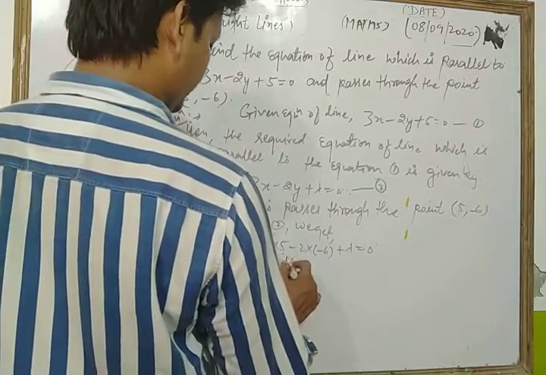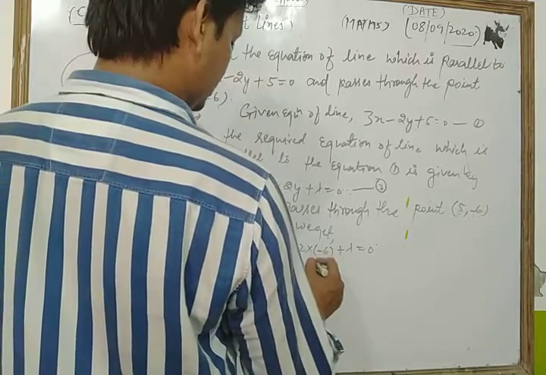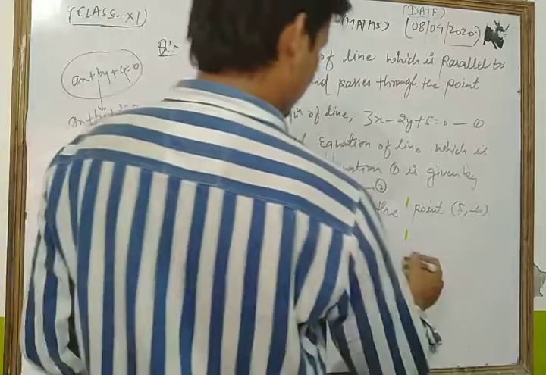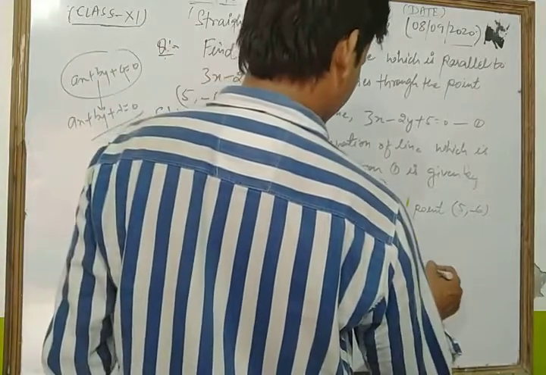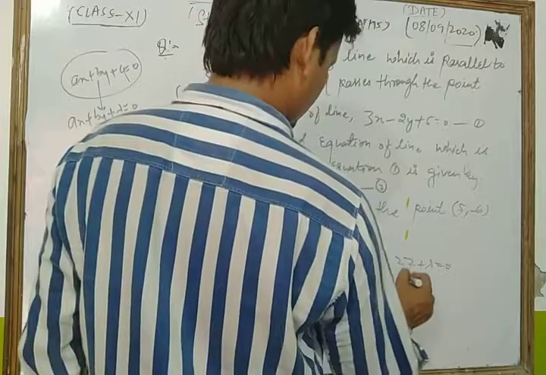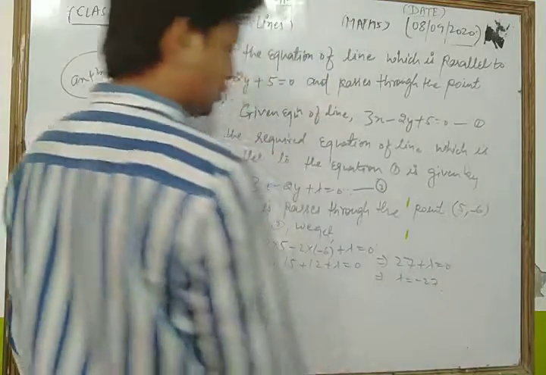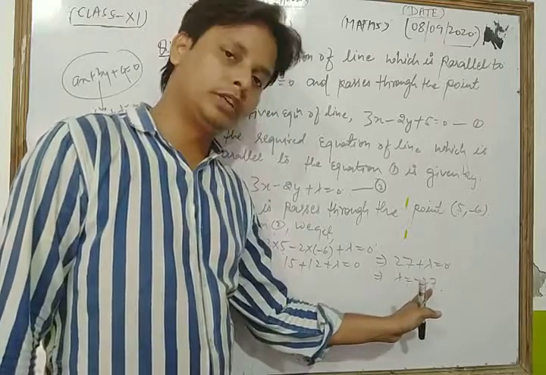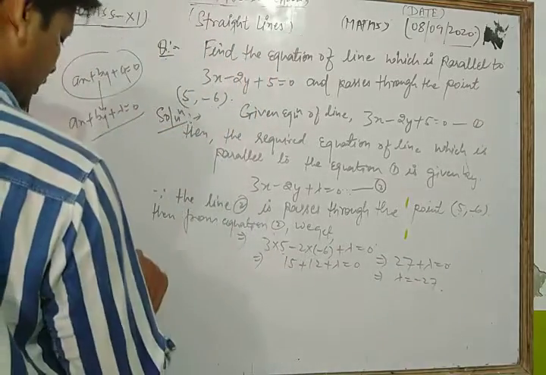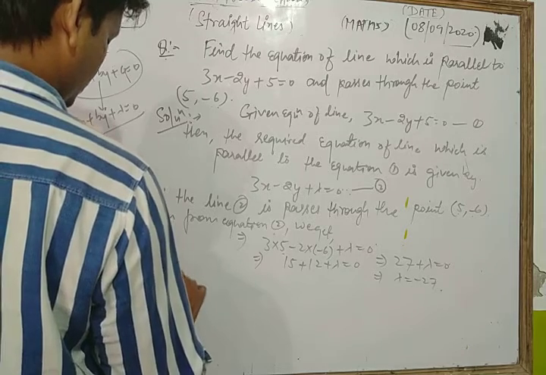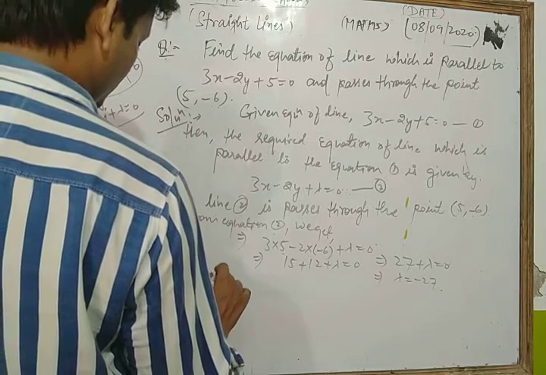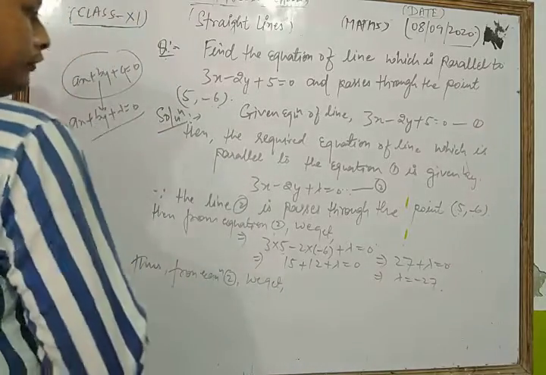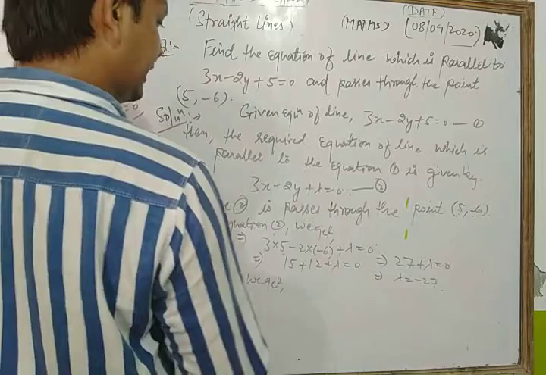So we get 3 times 5 is 15, plus 6 times 2 is 12, plus lambda is equal to 0. Now we get 27 plus lambda is equal to 0. So lambda is equal to minus 27. In this way, we find the value of lambda as minus 27. Now from equation 2, we put the value of lambda as minus 27 in that equation of line.